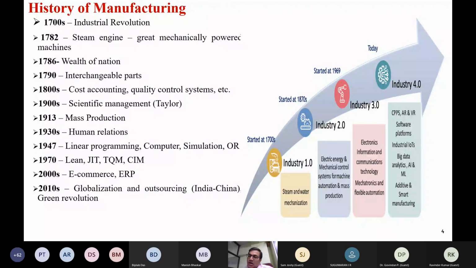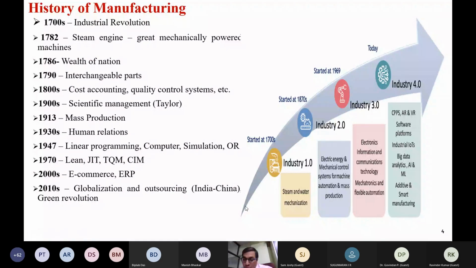That era was called Industry 3.0, and today's era is called Industry 4.0. Why is it called 4.0, and what are its features? Advanced software platforms, industrial tools, big data analytics, AI and ML, additive manufacturing, smart manufacturing: all these things make it Industry 4.0.